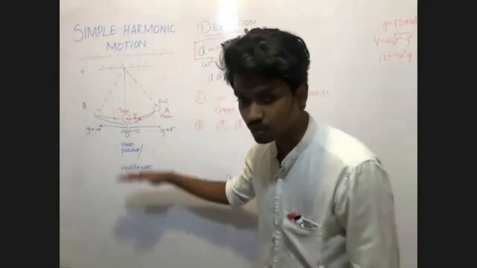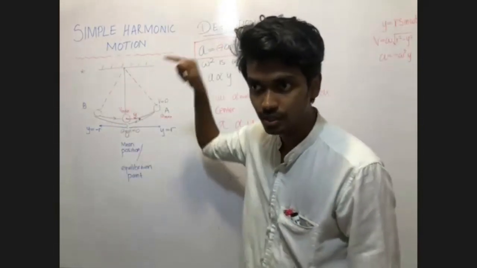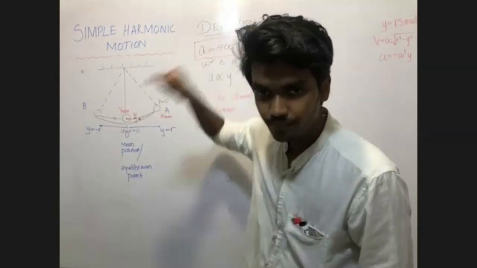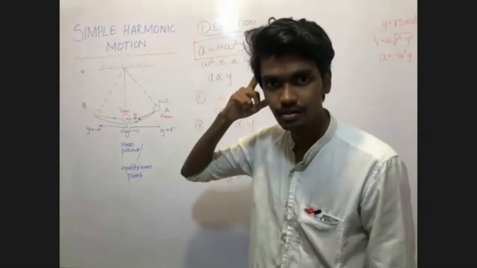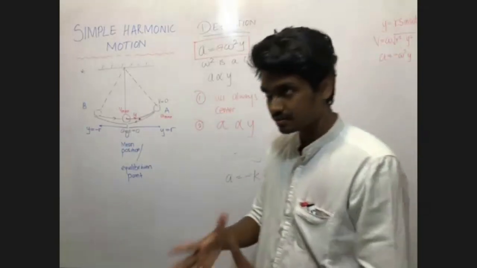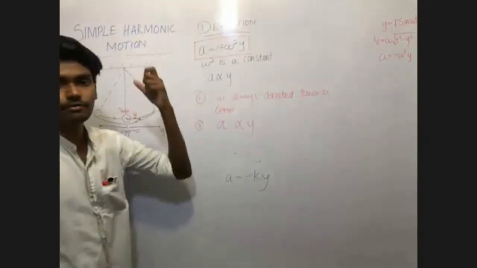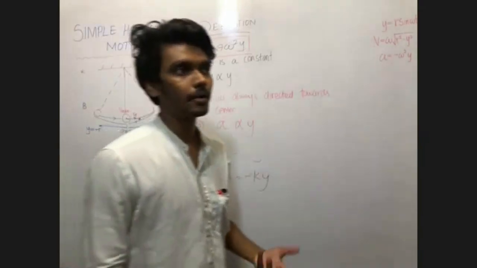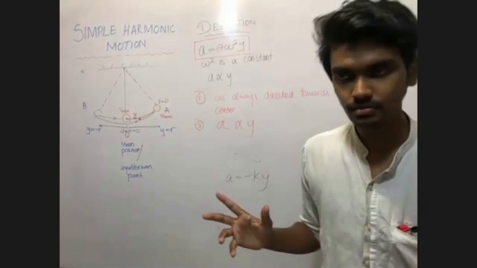If you need to show a helical spring is performing a simple harmonic motion, you need to show the acceleration of the spring has this form. That is the basic idea. I guess you understood.